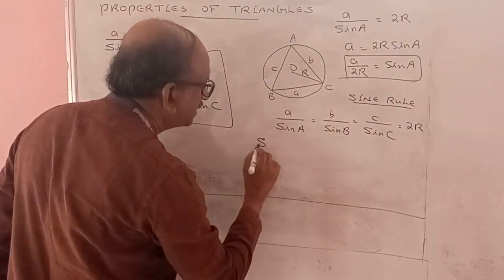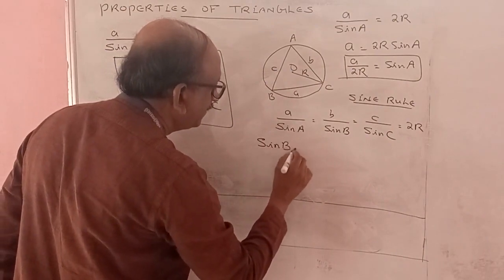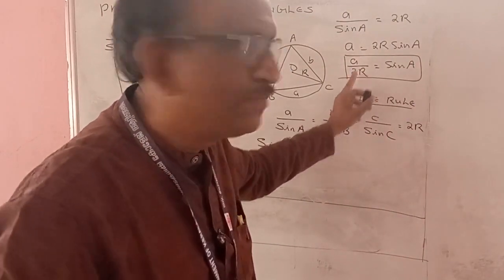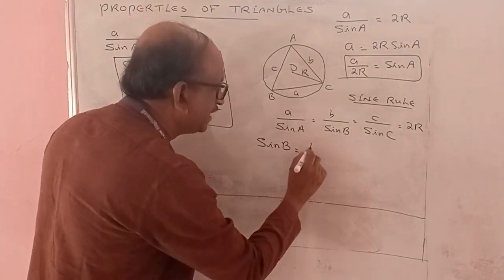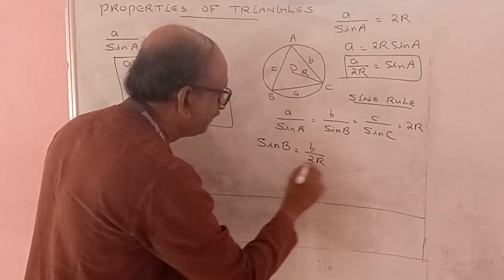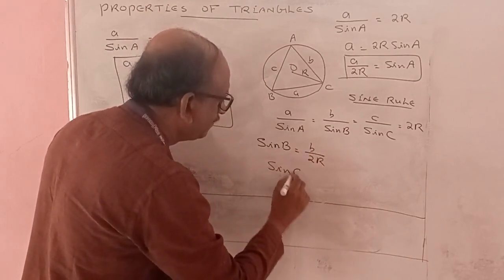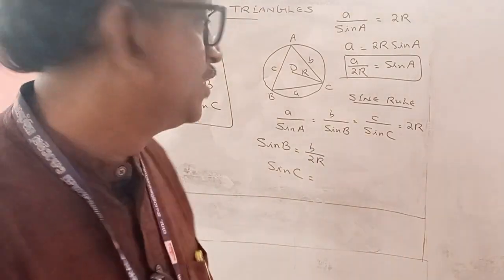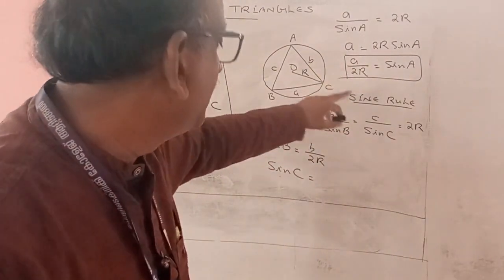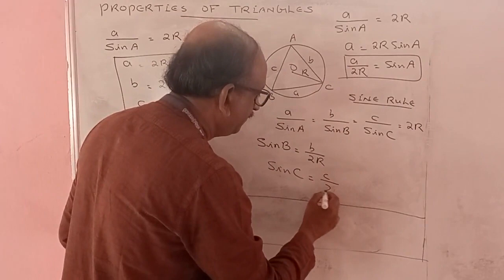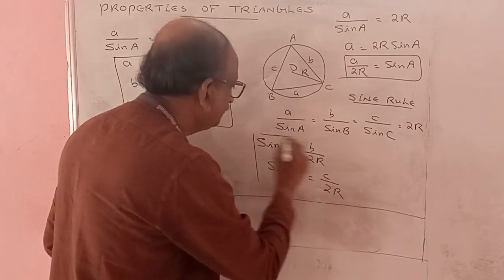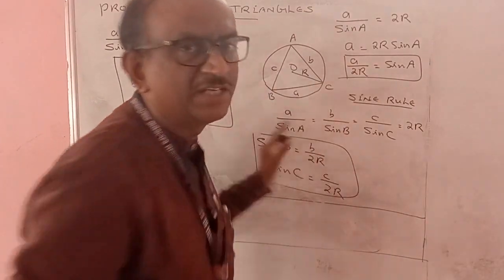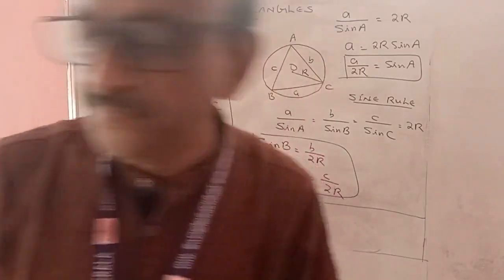Similarly, sin B is equal to small b by 2R. Sin C is equal to small c by 2R. These results are also important.